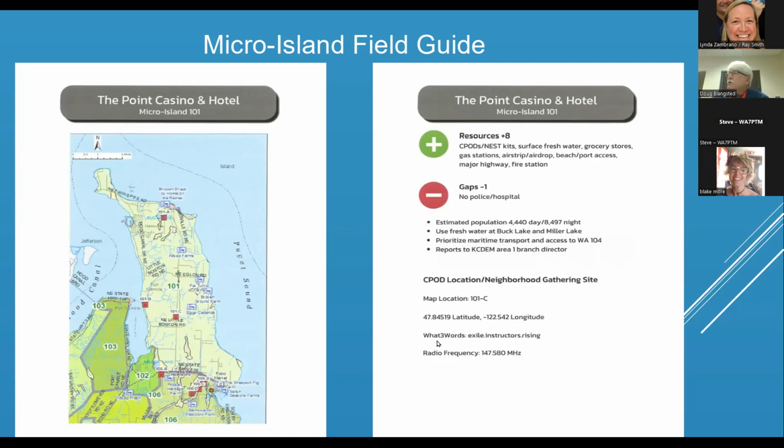Somebody, I don't know who the group was that sponsored it, took the whole wide world and broke it into 3 by 3 meter squares, and they all have 3 words to them. So if you want to go to this location and you have the software available, you can put in those 3 words and it'll take you right to that point. And then this is the simplex frequency that is assigned to this particular micro island.